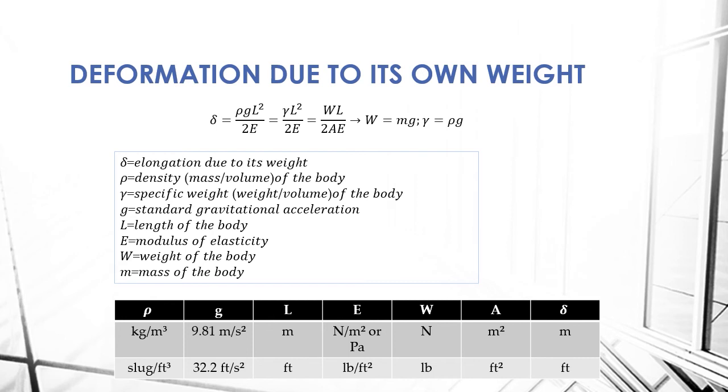Okay? So naa tay standard sa ilalom nga ang density is kilogram per cubic meter, kung naka SI unit, di ba? Nya kung naka English unit, mao ni slug per cubic feet. Mao na yung gravity. So lahi-lahi ha. Pag naka SI unit 9.81, pag naka English is 32.2.